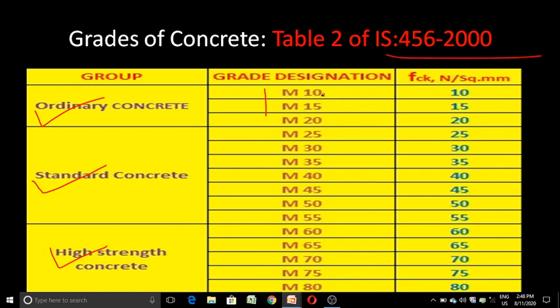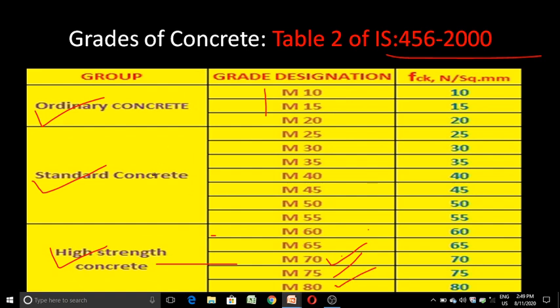Similarly, in standard grades of concrete, they start from M25, M30, M35, M40, M45, M50 and M55. Finally, the third category is high strength concrete, with grades M70, M75 and M80.